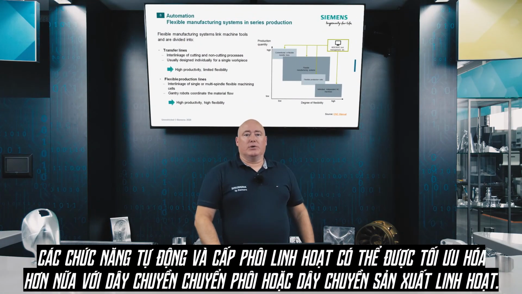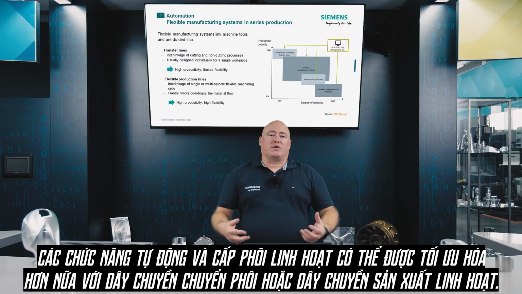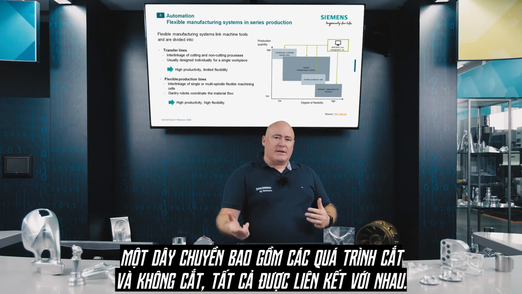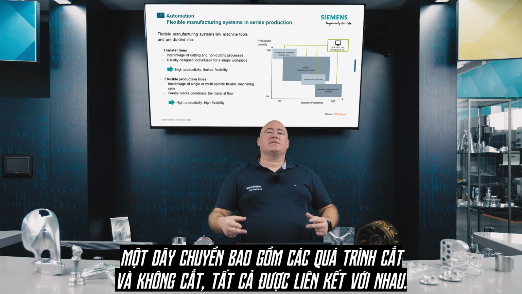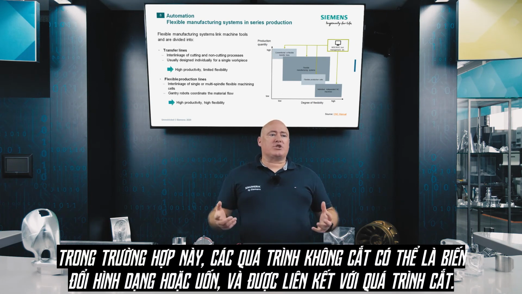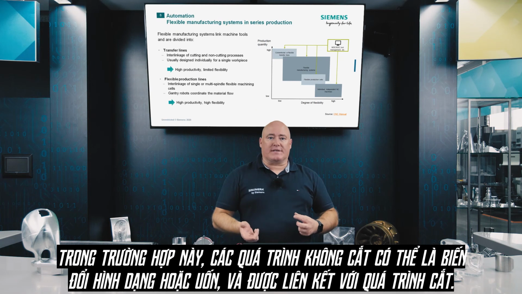Automatic functions and flexible workpiece flows can be further optimized with a transfer line or flexible production line. A transfer line includes cutting and non-cutting processes all linked together. The non-cutting processes could be reforming or bending in this case, which are linked up to the cutting process.